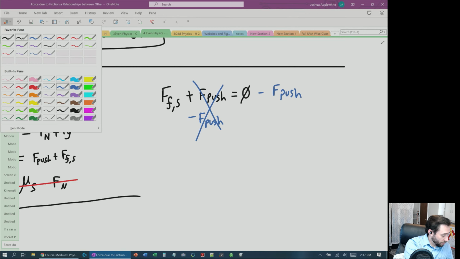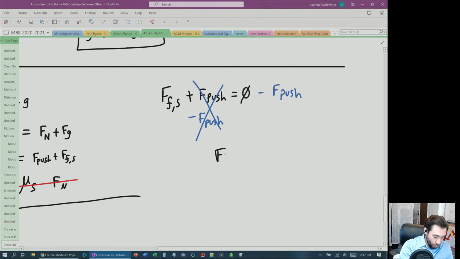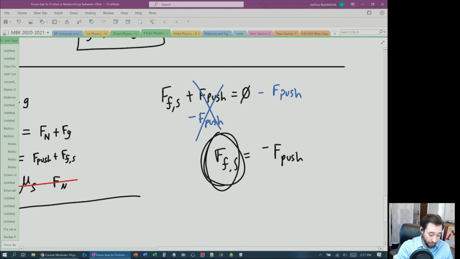So we already knew this logically, but this is just the algebraic way of explaining it. So the force due to static friction is going to be the same number as force push. They're going to be the same, but just opposite in sign. Make sense?